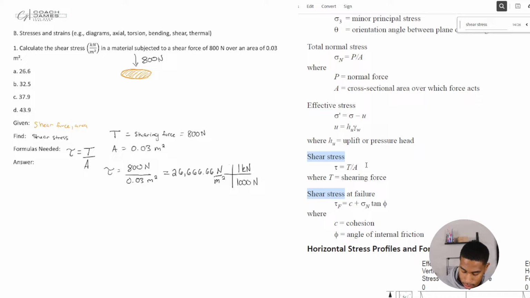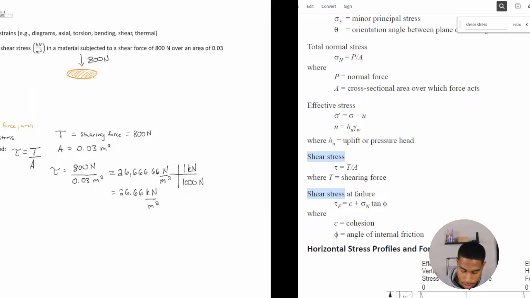Then that equals 26.66 kilonewtons per meter squared, which is the units that we need it in, right? And so I'm getting A.